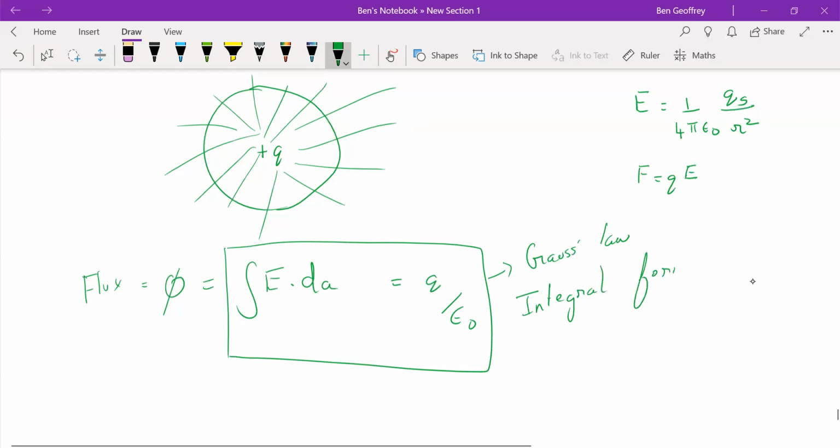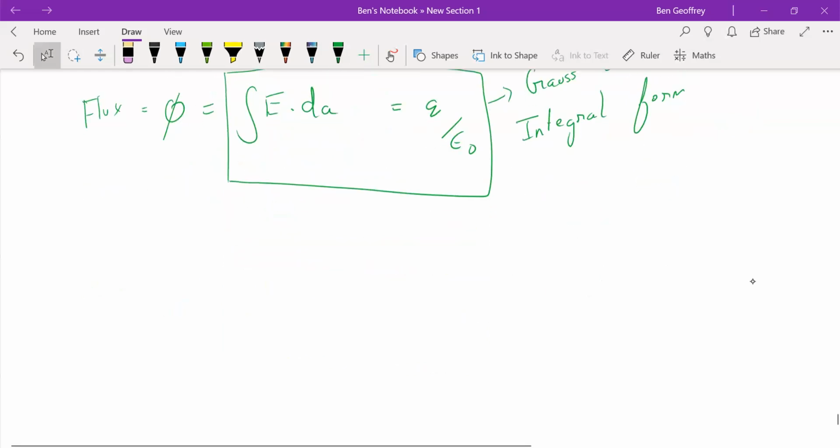You can of course get Gauss's law in differential form. How do we get it? Use the divergence theorem, Gauss's divergence theorem.